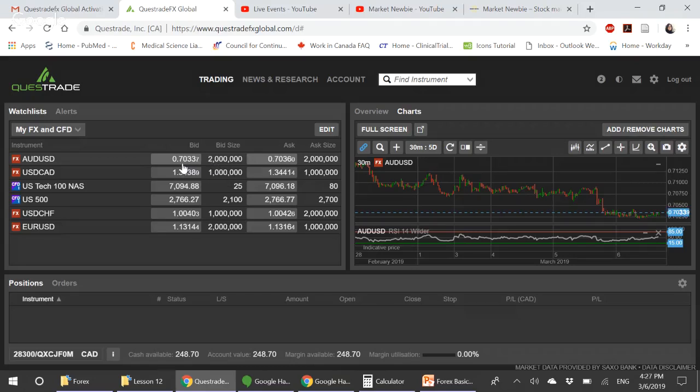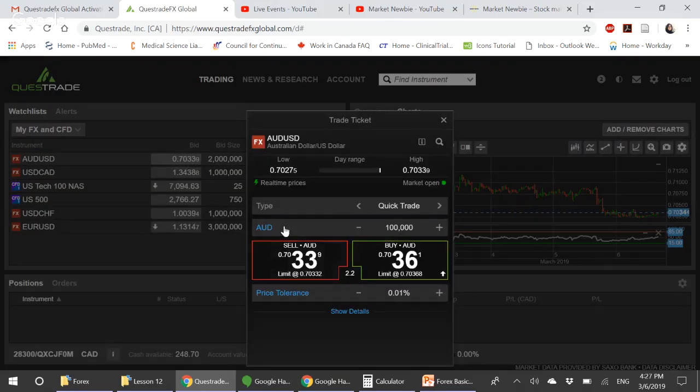So take a look at one of them, say bid. It is 0.7033. I'm going to click on this so that you can see it bigger. See, 7033. This last number is the pip. Here the buyers are buying and selling.